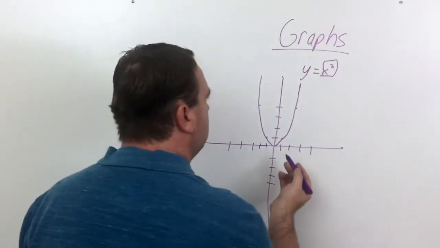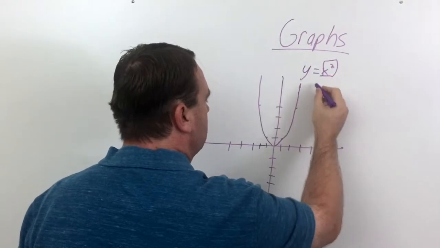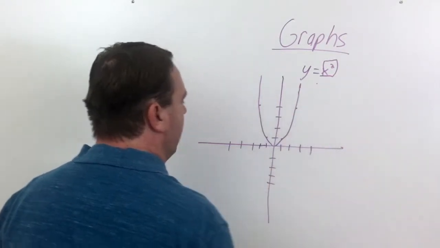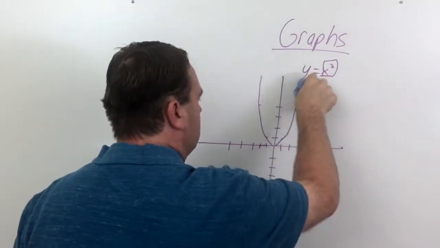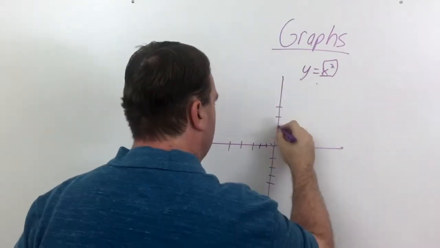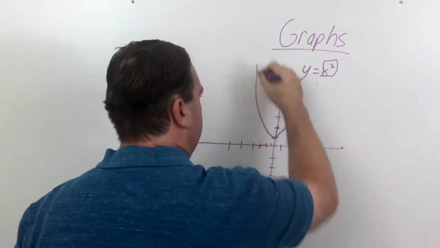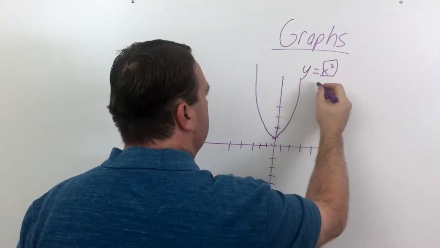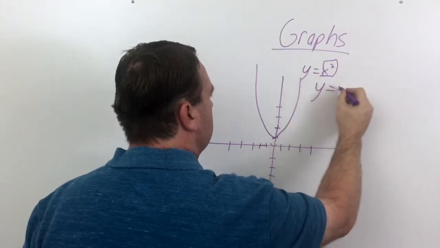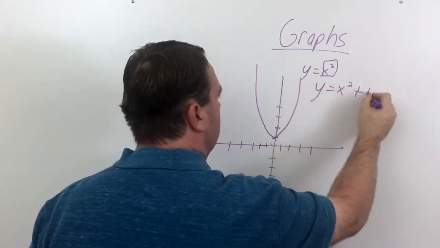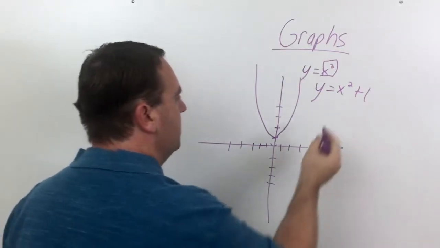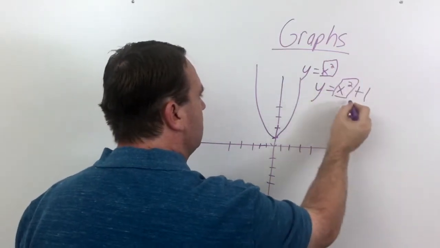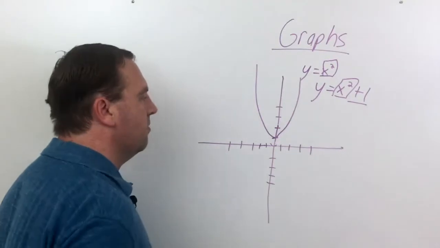Well, I should bump it up by 1. So if I wanted to take this graph and turn it into this graph, then I would write the equation as y equals x squared plus 1. So I've simply taken my previous function and added 1 to move it up.